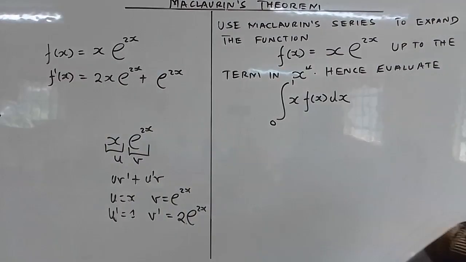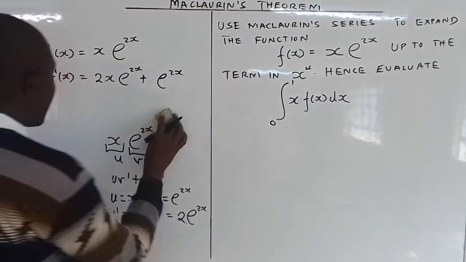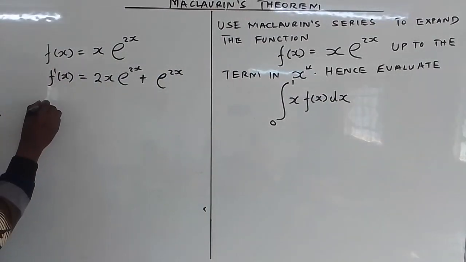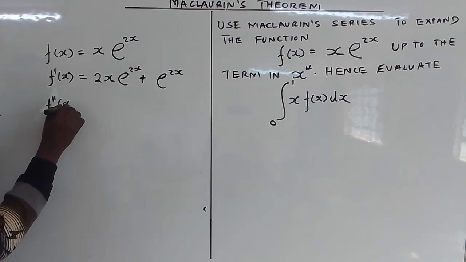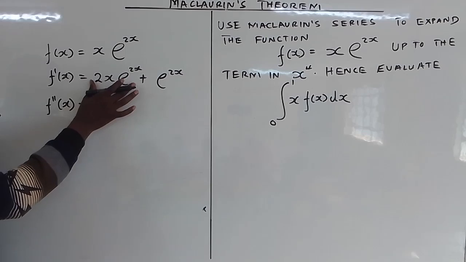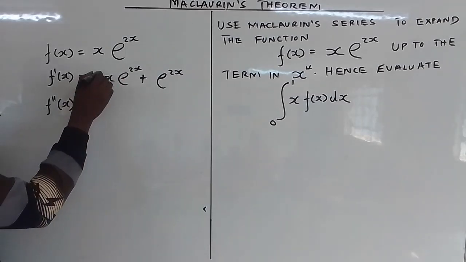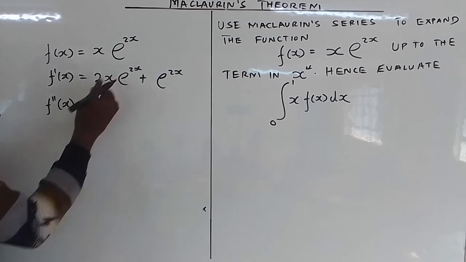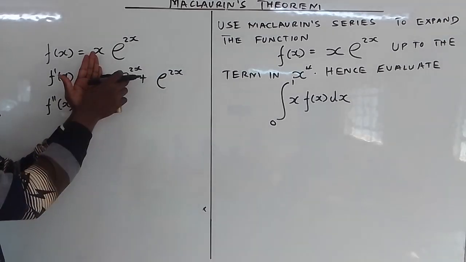So we have differentiated that for the first time. Then you are now differentiating it for the second time. This first part, where you have 2x exponential 2x, if you factorize this 2 outside, you have 2, in bracket you are differentiating x exponential 2x.